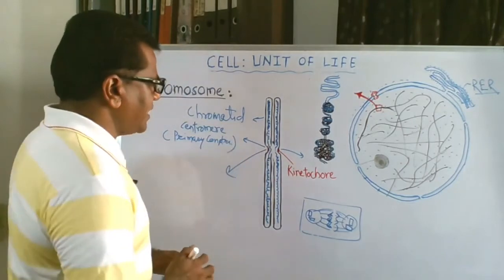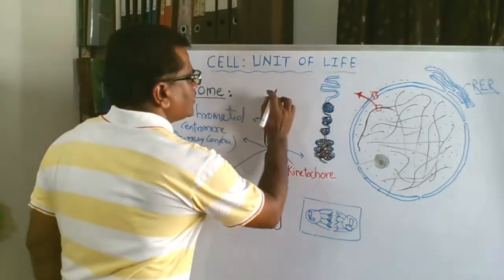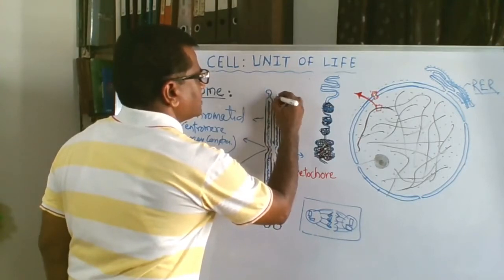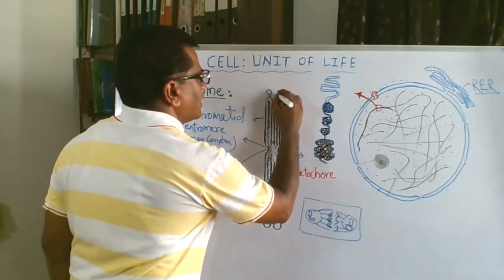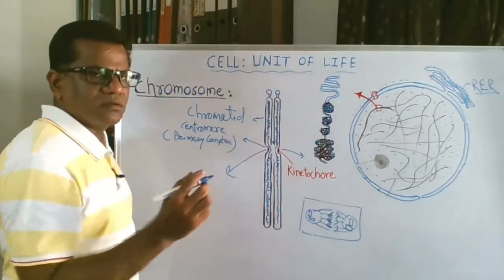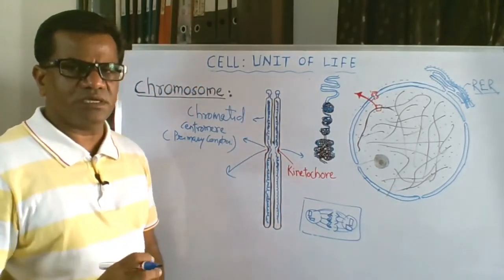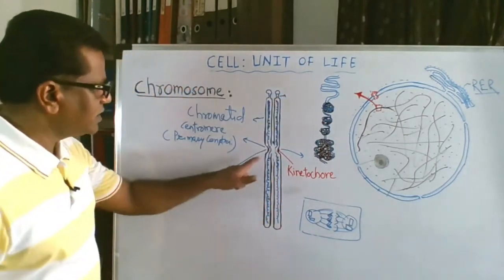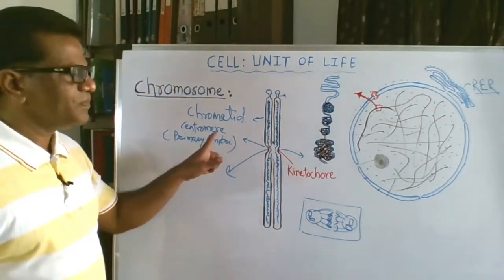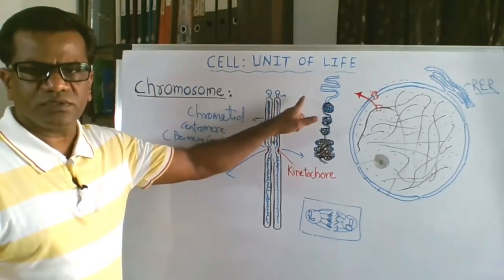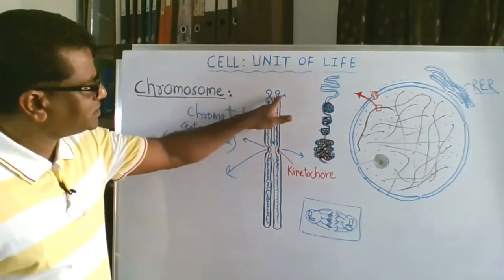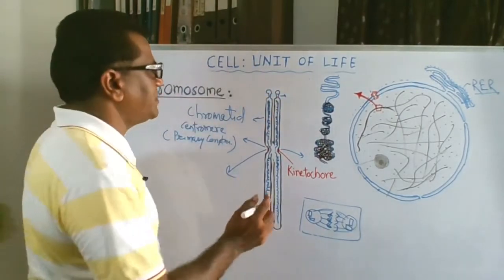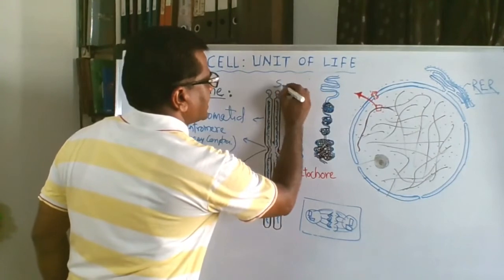Many times it is seen that some chromosomes have a small constriction here, and at the tip of that constriction a spherical body is present. Now this constriction is called the secondary constriction. This is the primary constriction and this is the secondary constriction, the constriction present at the tip, and at its tip it bears a spherical body which is called a satellite.